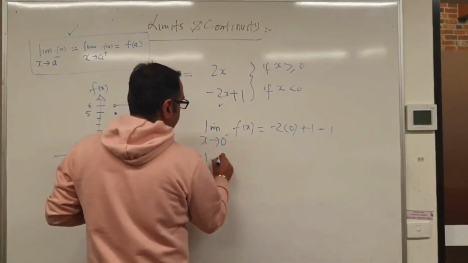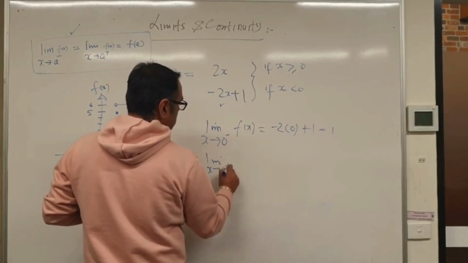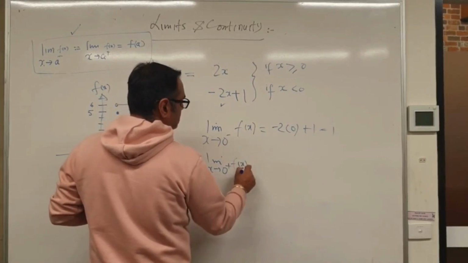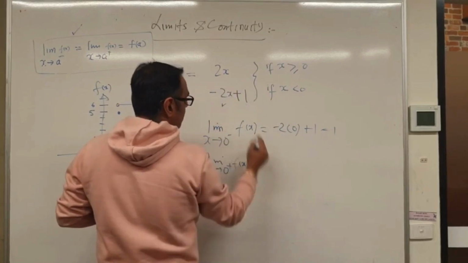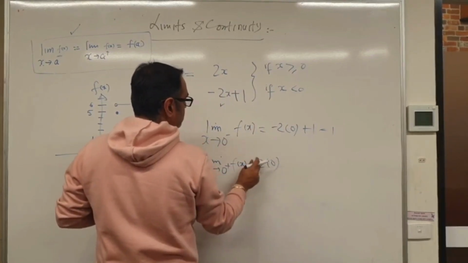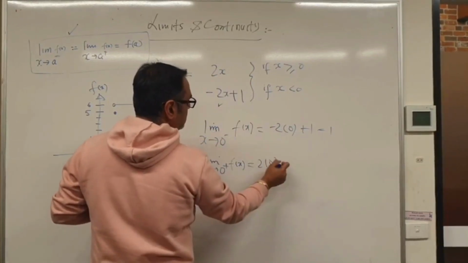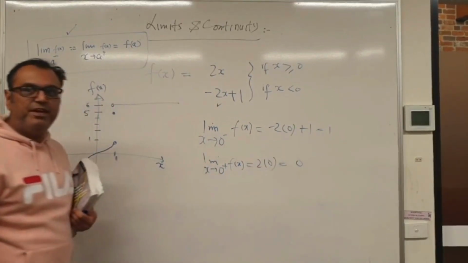And then the limit as x tends to 0 positive of f of x equals 2 times 0, which equals 0 straight away.